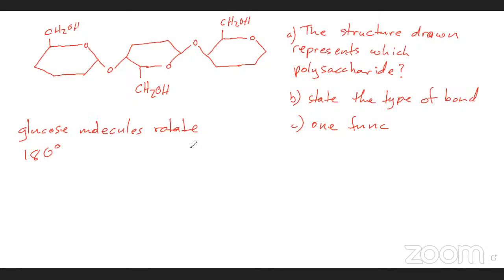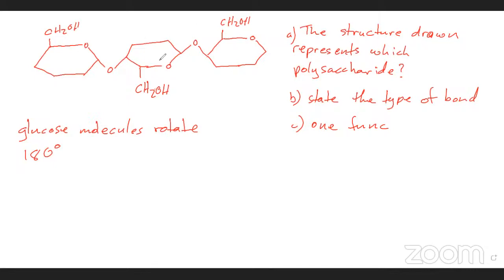So if they ask you to draw a portion of cellulose, use at least 3 glucose, so that you can see that it goes down and up. That is the key feature that you look at to identify cellulose: the molecule flipping up and down each time, one after the next.